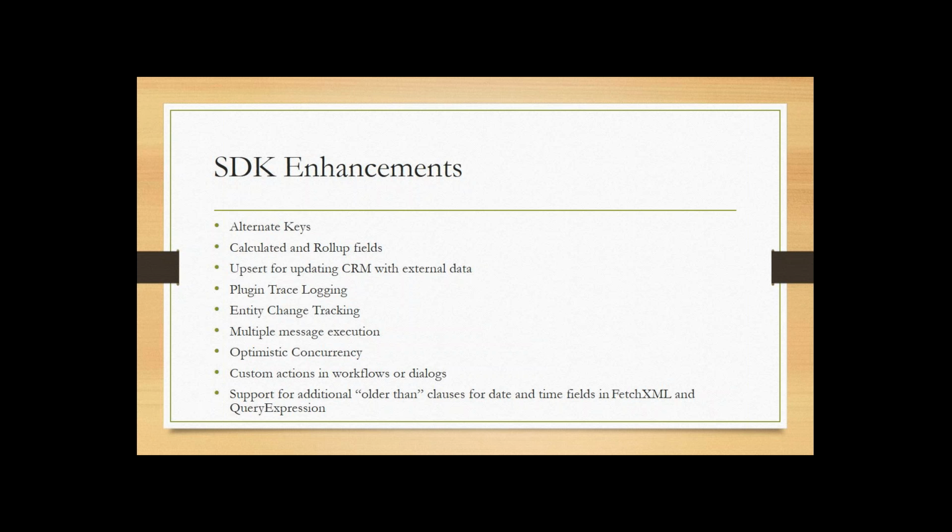They have also introduced a new method called Now, which will return the current date and time, so that we can easily take the difference between a date field and the current time. Next one is roll-up field. In this release, roll-up fields now support aggregate functions like sum, count, difference, etc.